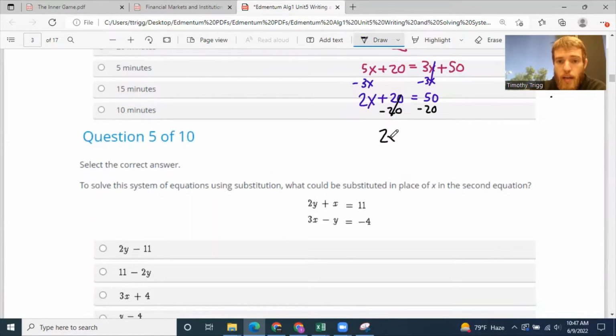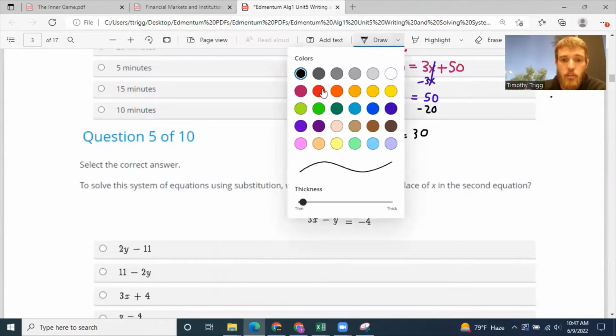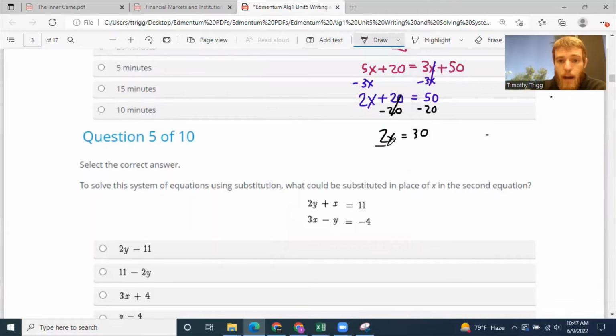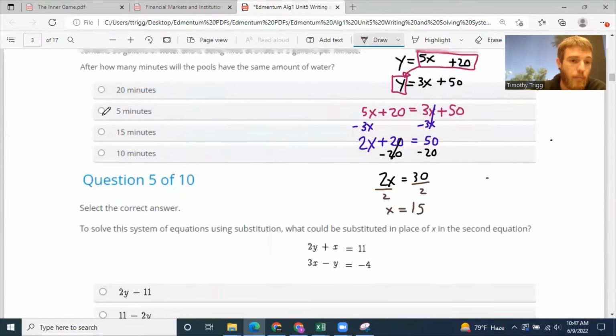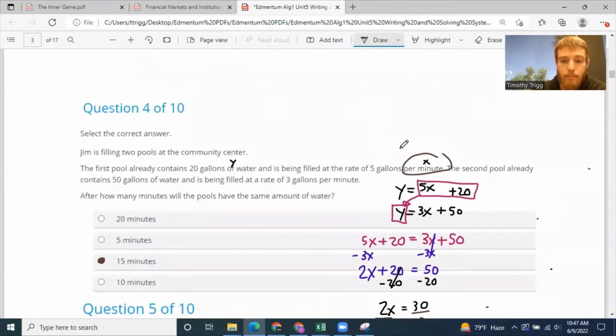That'll leave us with 2x on the left is 30. 2x is 30. Let's go ahead and finish solving for x by dividing by 2 on both sides of the equation, giving us that x, or the number of minutes in this case, is 15. 15 minutes. Remember, x was the number of minutes, right?